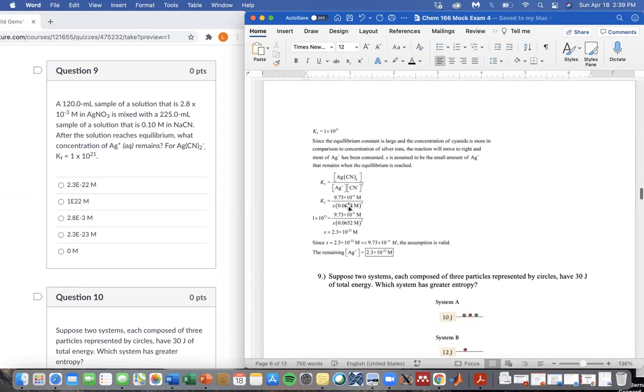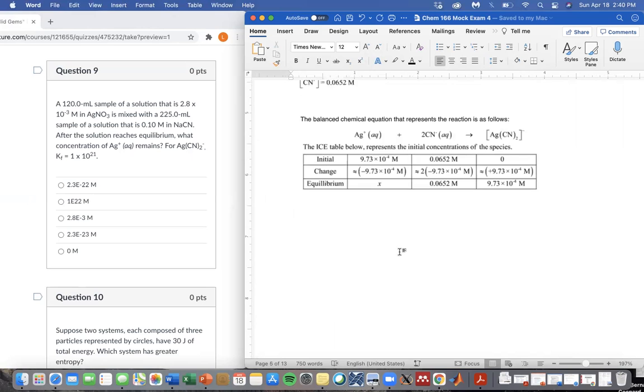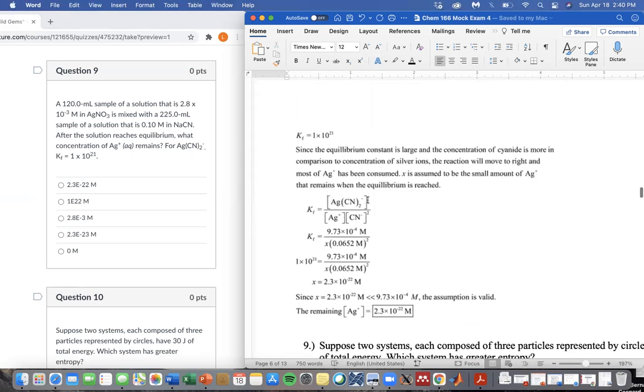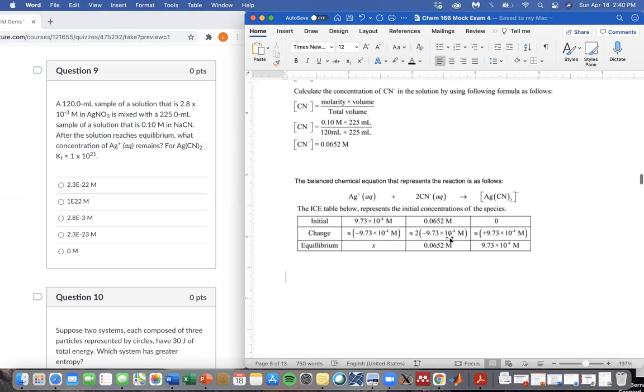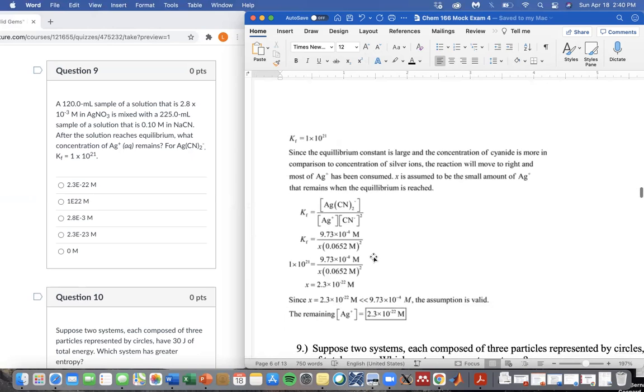And so for your total volumes here, you just do 9.73 times 10 to the negative fourth molar of your Ag(CN)2 minus, and once you subtract the 9.73 times 10 to the negative fourth from this, it doesn't even impact how much cyanide there is because it's such a small value.